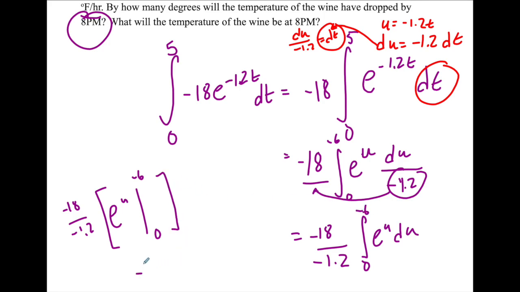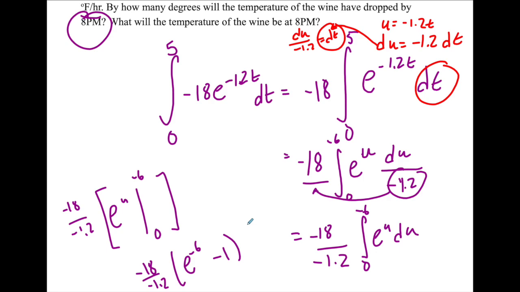So it's -18 over -1.2 times e to the -6 minus 1. Now we've got to figure that out. On my calculator, I find my e button, e to the -6 minus 1, and that's about -1.